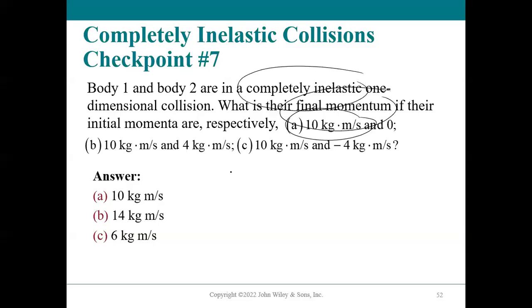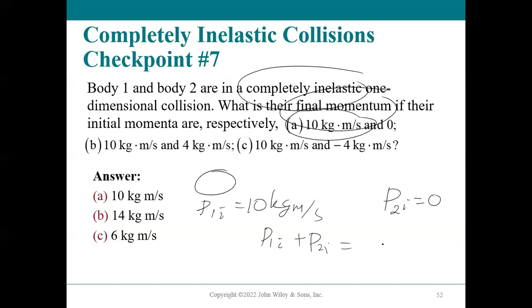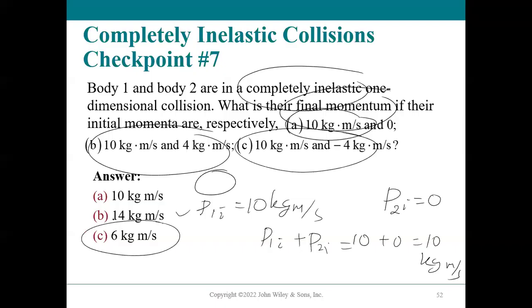For example, particle 1 has P1 initial of 10 kilogram meter per second, and particle 2 has initial momentum 0. The total momentum is P1i plus P2i, equal to 10 plus 0. So the final momentum is 10 kilogram meter per second. For the second case, it becomes 14, and for the third, it becomes 6 kilogram meter per second.